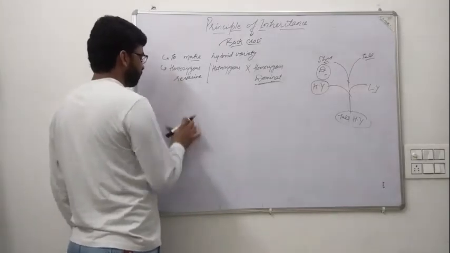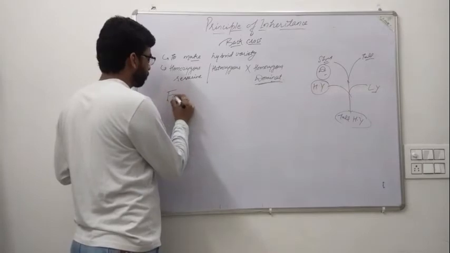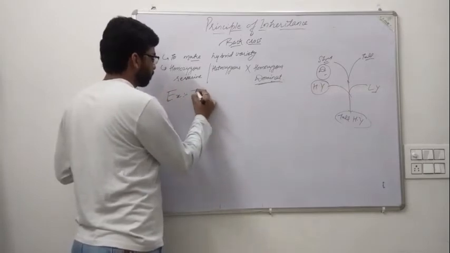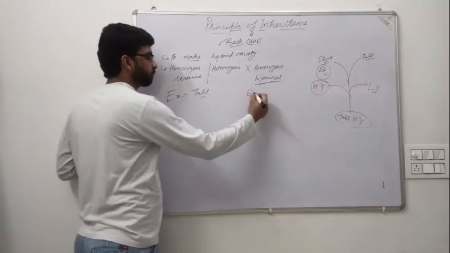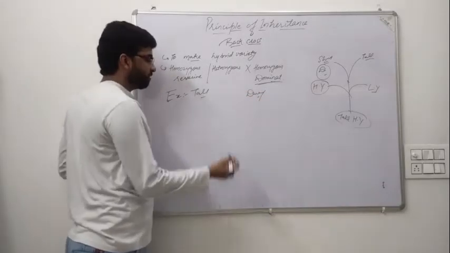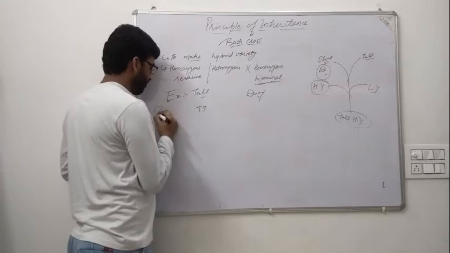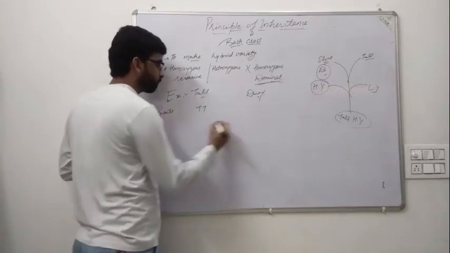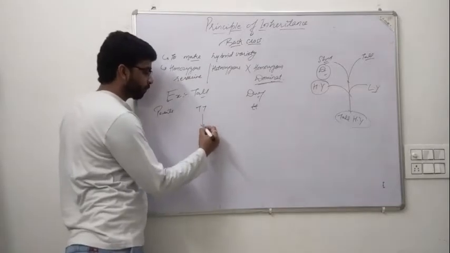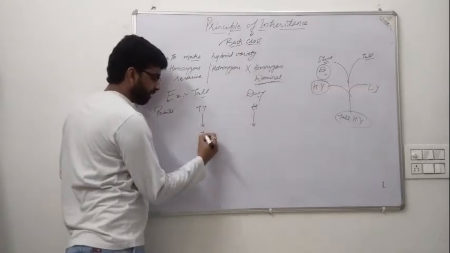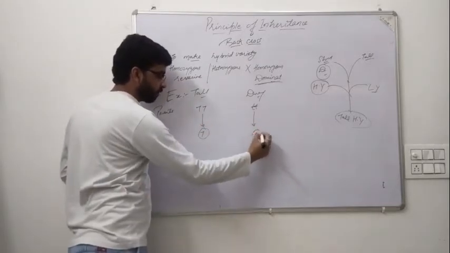For example, tall and dwarf as plant height. Parents: capital T and small t. Gametes: capital T and small t.